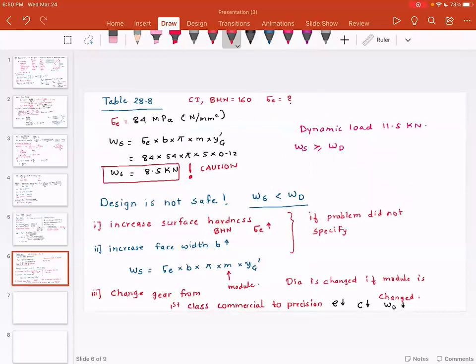At this point, clearly in this problem, the Brinell hardness number cannot be changed. So unfortunately, this option we do not have.